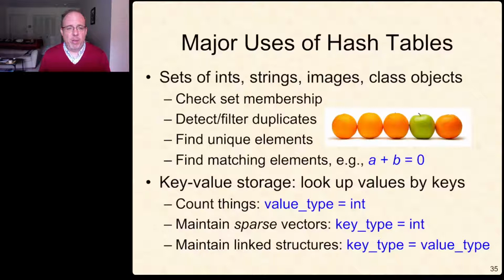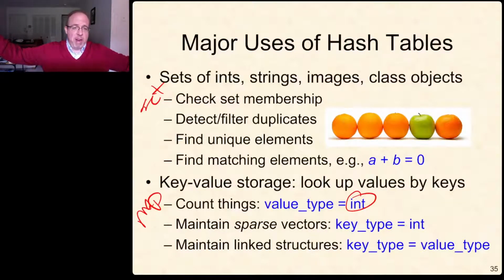That's a useful trick. For key-value storage, so these are the set types for the maps, where we're looking up values by keys. One thing we might do is count instances. So the value type is an integer. How many times have I seen the word supercalifragilisticexpialidocious? We might use it to maintain sparse vectors.